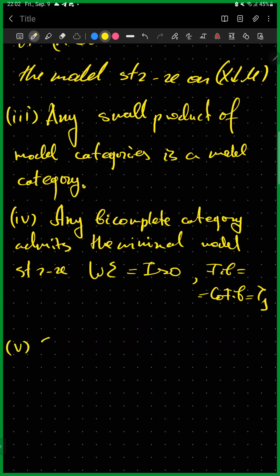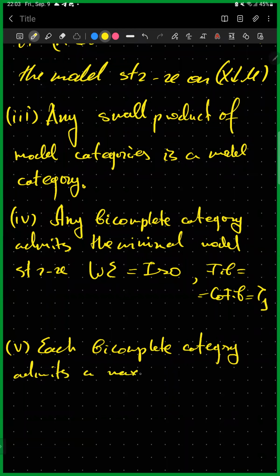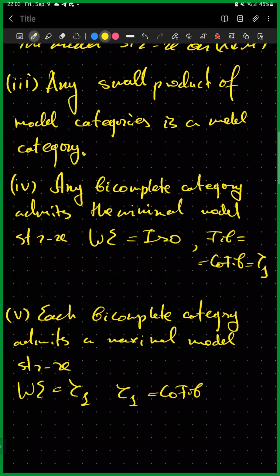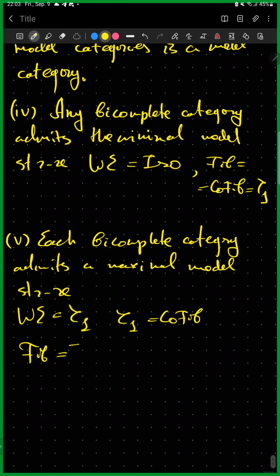So a bicomplete category admits a maximal model structure in which weak equivalences coincide with all maps, and cofibrations also consist of all maps in this category, and fibrations are just isomorphisms.